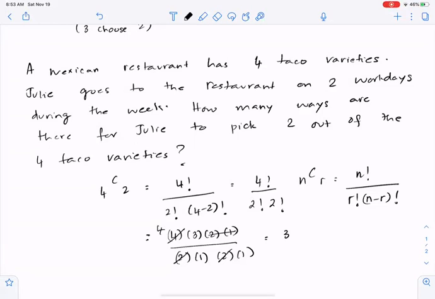And there are 3 ways for Julie to choose 2 taco varieties on the 2 workdays Julie would go up to get tacos.